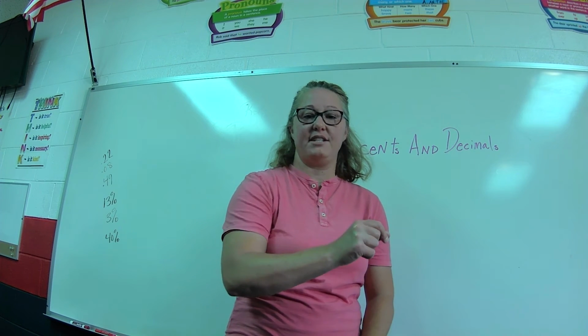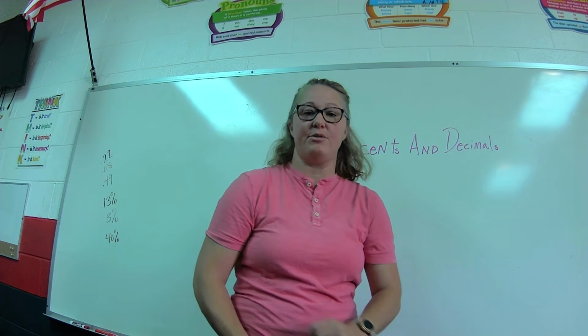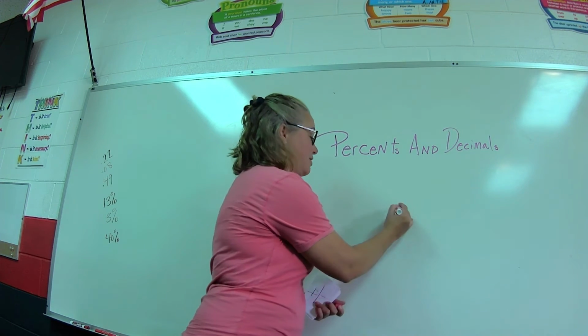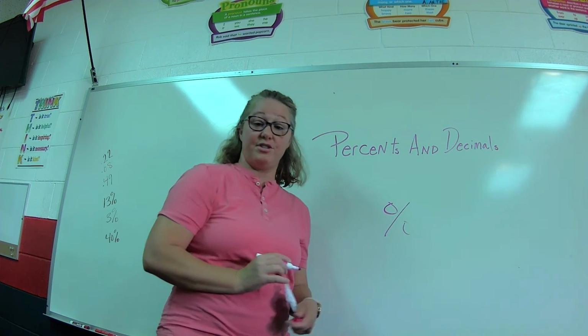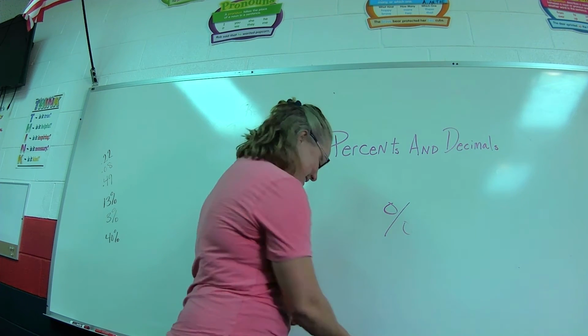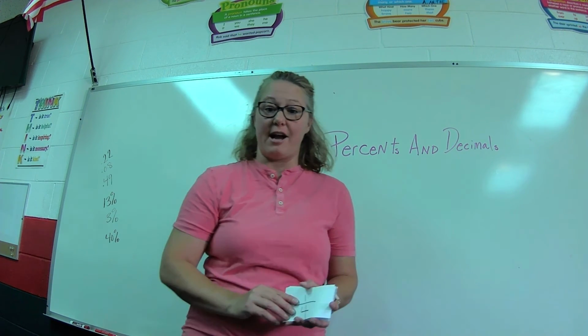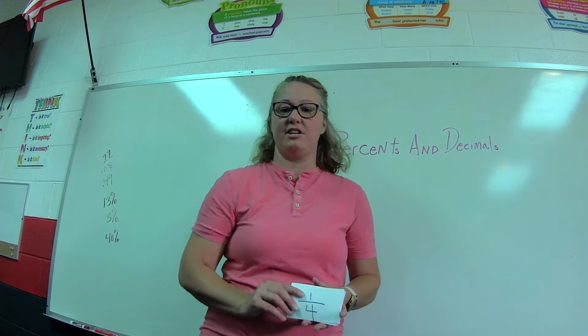All right, percents and decimals. The last time, we went over the symbol of percent. We went over that percent is out of the hundredths place. We went over some fractions, decimals, and percentages that we needed to remember.